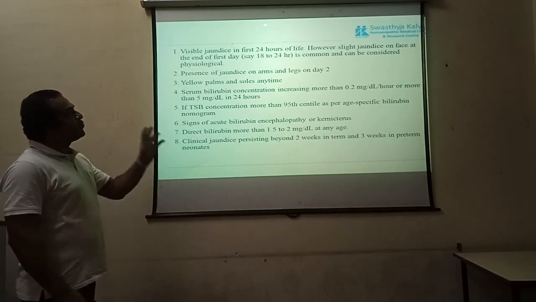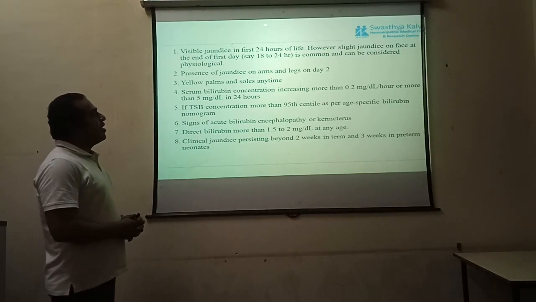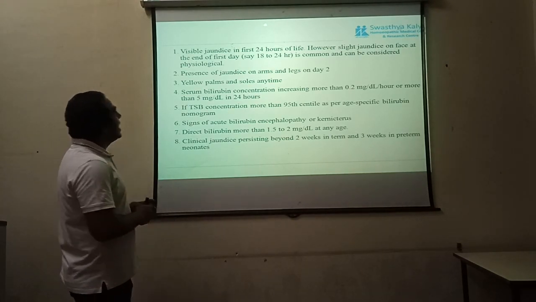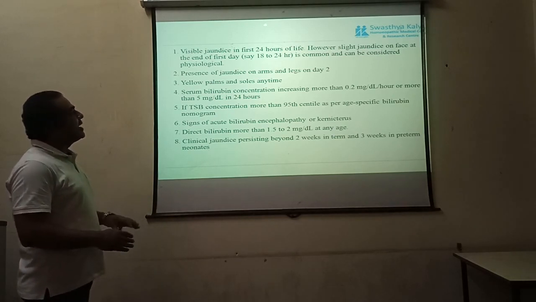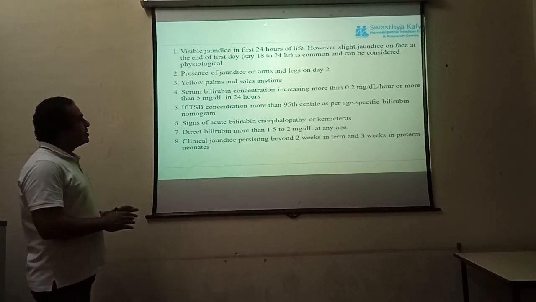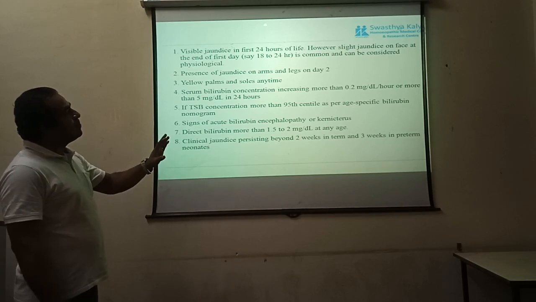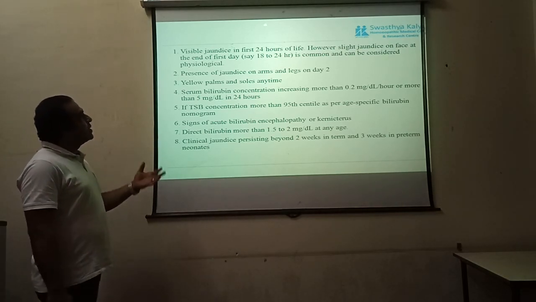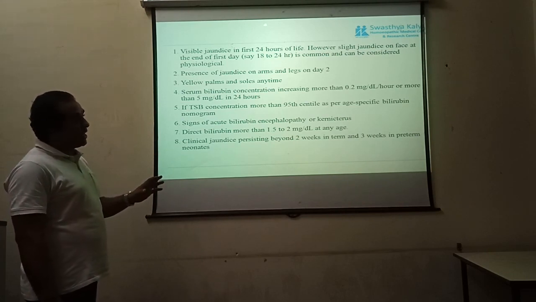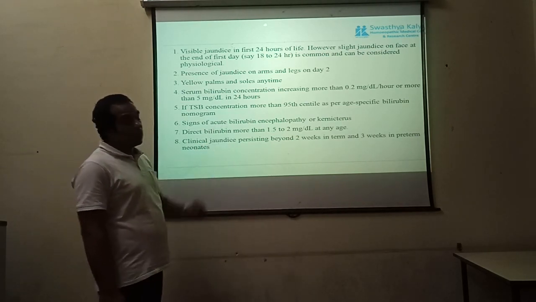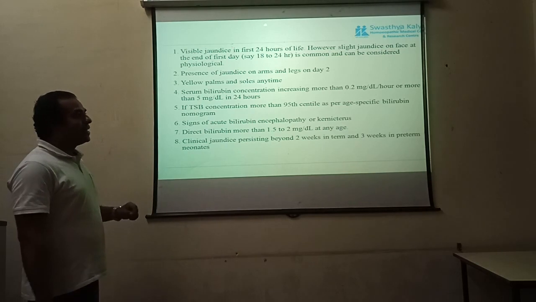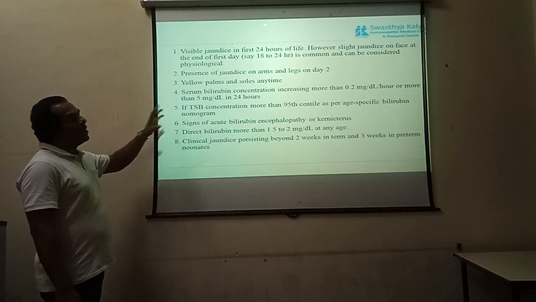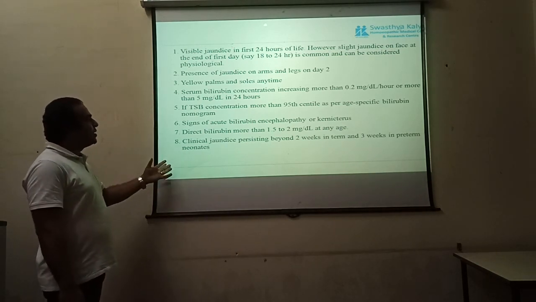Visible jaundice in the first 24 hours of life. However, slight jaundice on the face at the end of the first day is common and can be considered physiological. Presence of jaundice on the arm on day 2. Yellow palms and soles anytime. Serum bilirubin concentration increases more than 0.2 milligrams per deciliter per hour or more than 5 milligrams per deciliter in 24 hours.